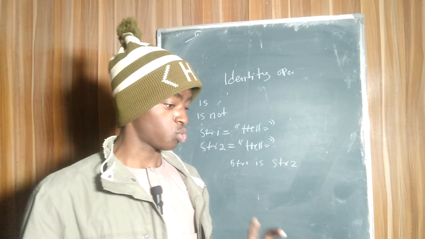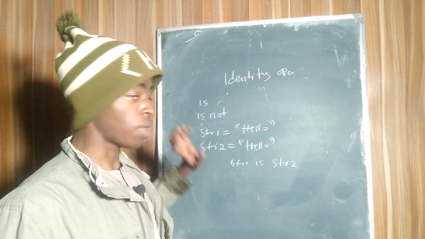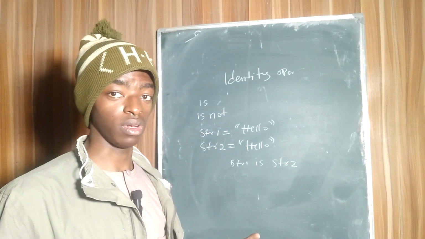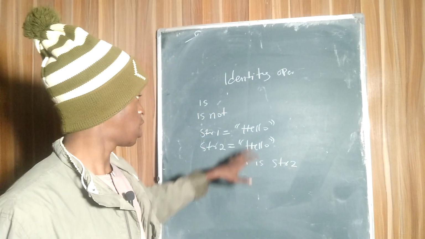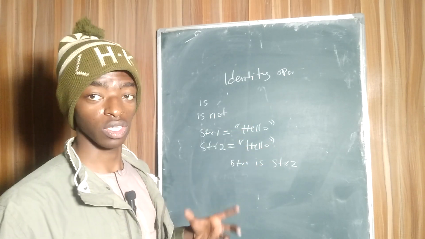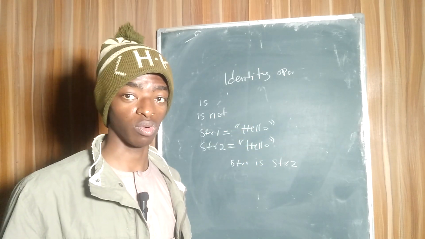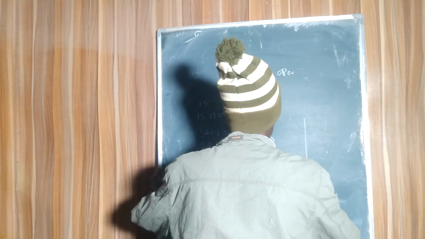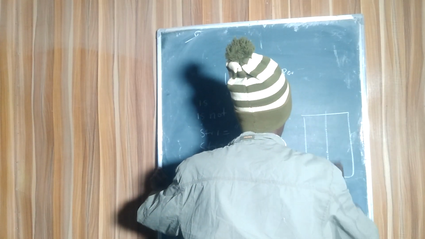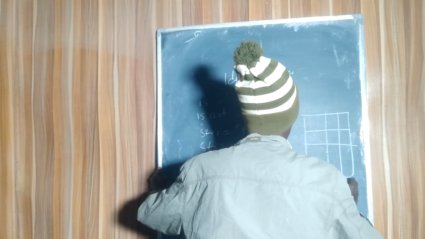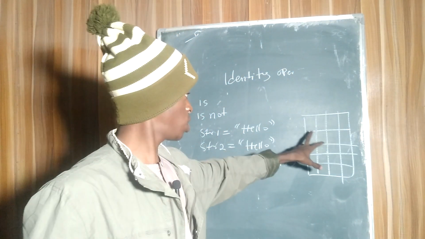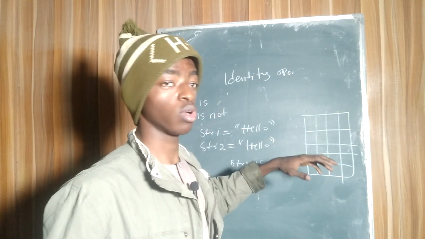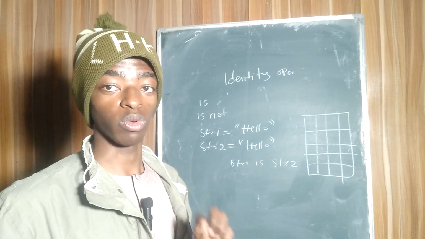What is ID? Let me explain. Whenever you create a variable or an object, like a string or a number, it is called an object in a Python program, and inside your memory it is something like this. Each of these blocks inside your memory has a unique number which is called the ID.